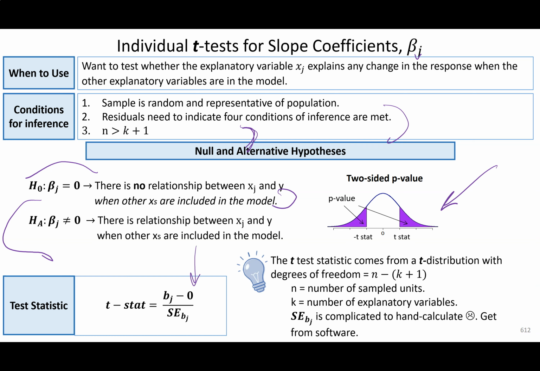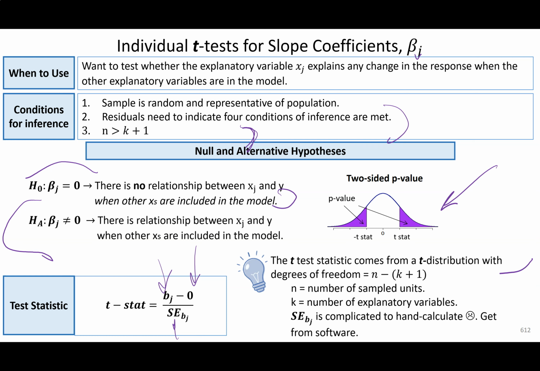Our test statistic is going to be a t statistic. It'll be our estimated beta j, so our estimate for beta j, minus 0, because that would be our null claimed value, over standard error. We don't expect you to calculate the standard error by hand. These are things that you can take from our output.